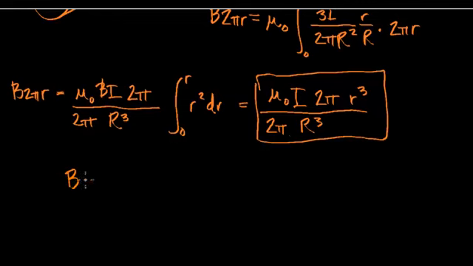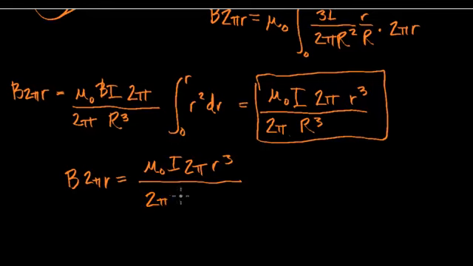So we get B times 2 pi r is equal to this. Mu sub naught times I times 2 pi r to the third over 2 pi big R to the third. And now I'm going to divide both sides by 2 pi r. And so these 2 pi's will cancel.